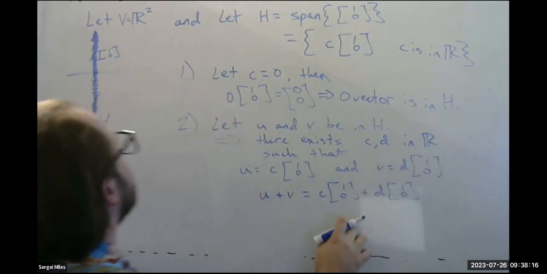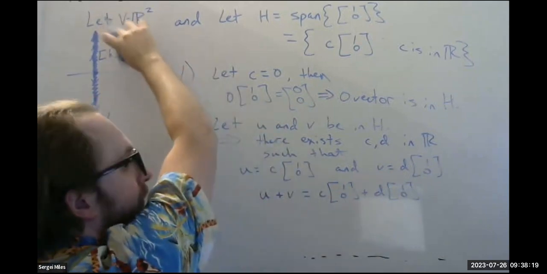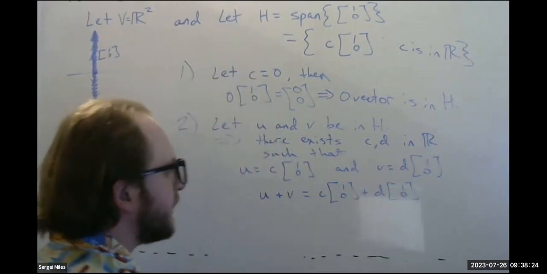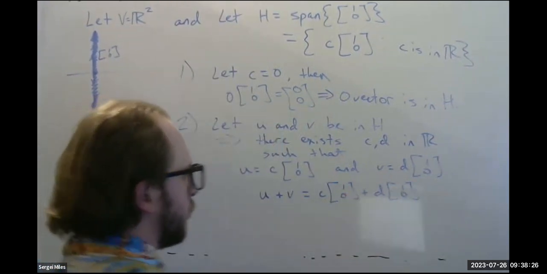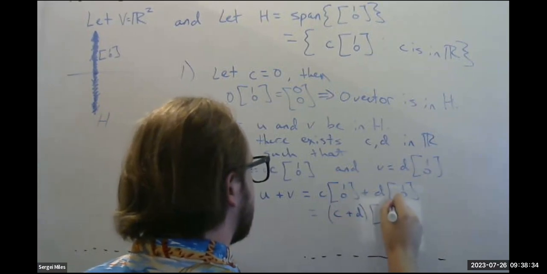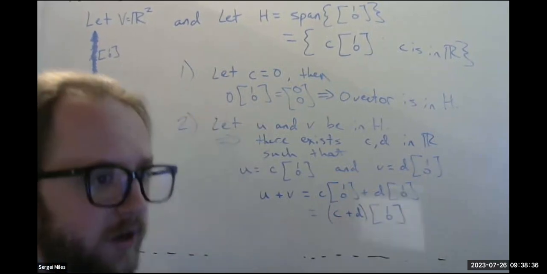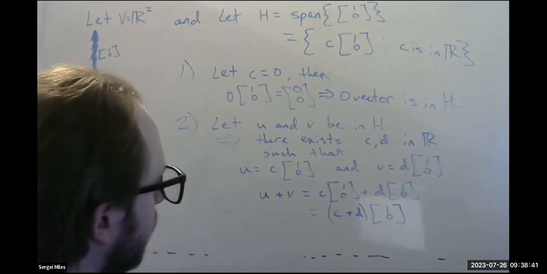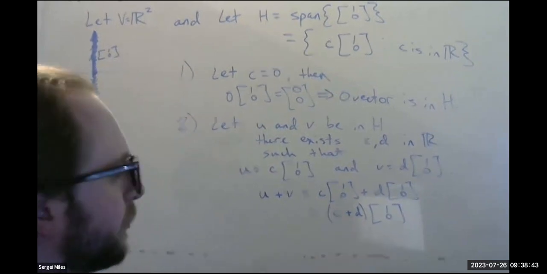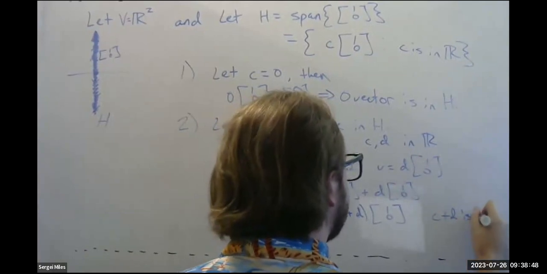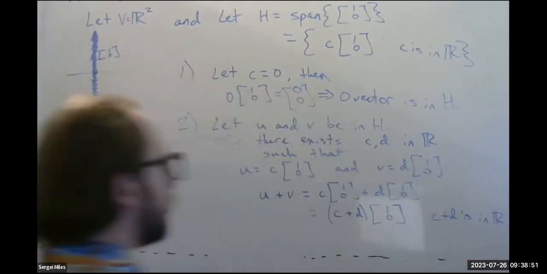Now, what's nice here is that these vectors are in a vector space, which means we have access to all of those properties for a vector space. I can factor out this vector (1, 0). In other words, this is just (c plus d) times (1, 0) here. Right? c plus d is just some real number constant, right? c plus d is in R. So what have we shown?